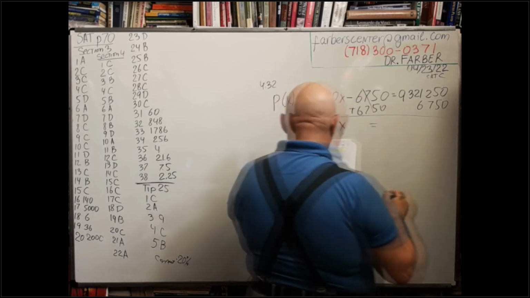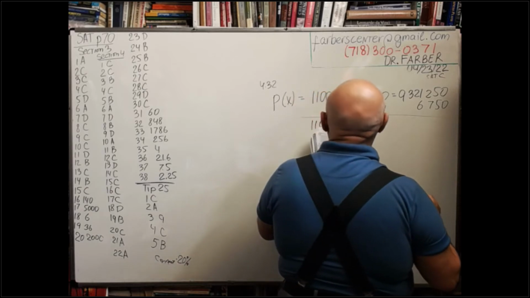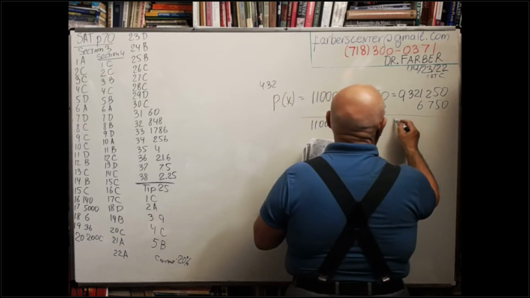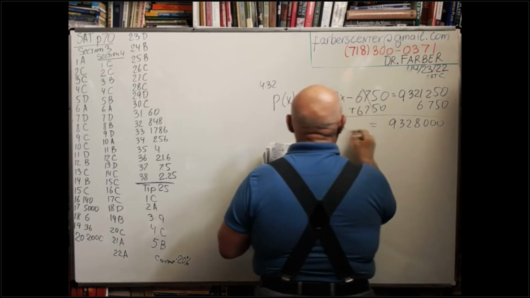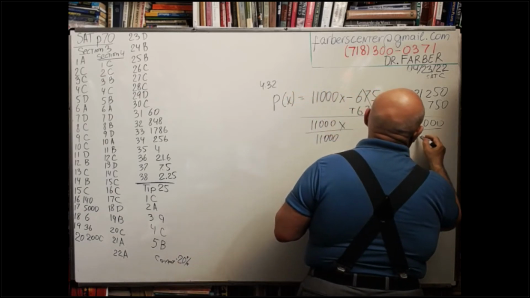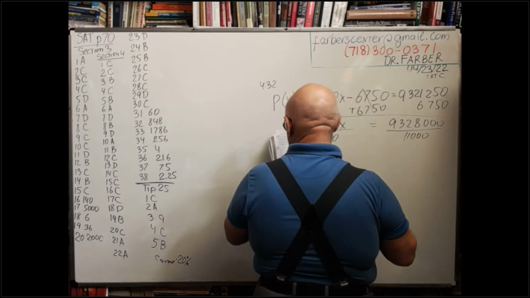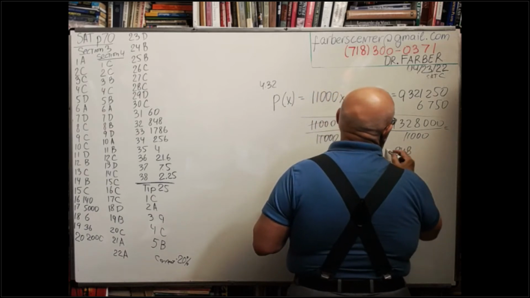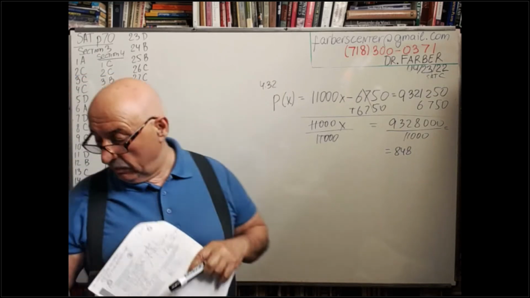If you add them up, you have 9,328, and divide by 11,000 x. After division, you get 848. Okay, just substitution here. Find from formula value.